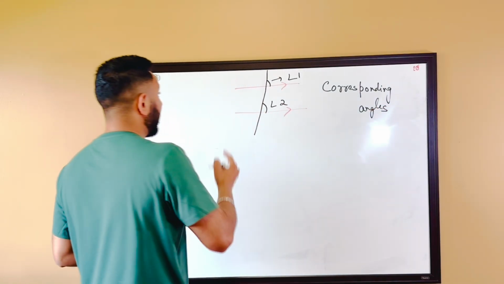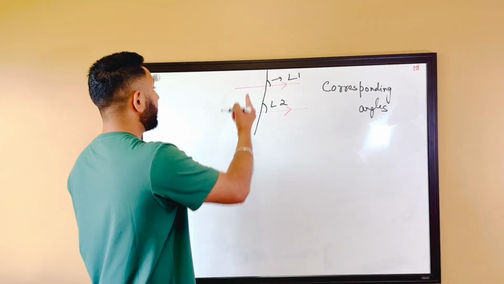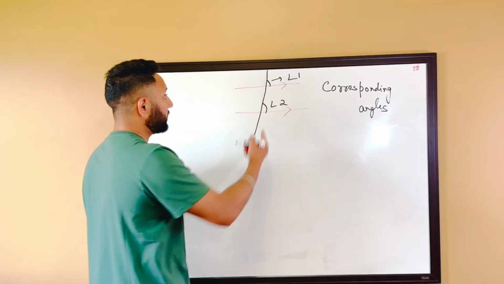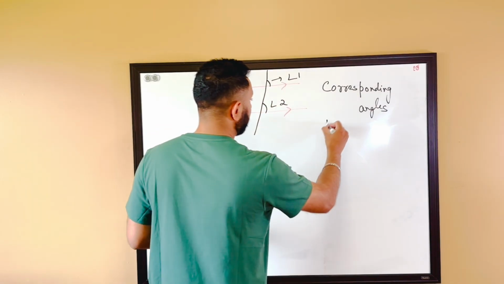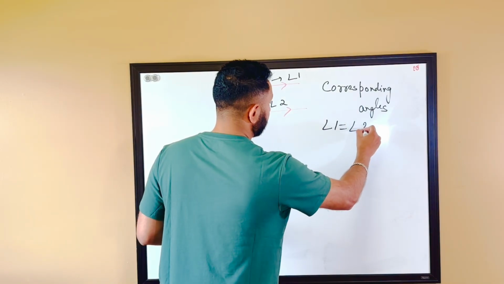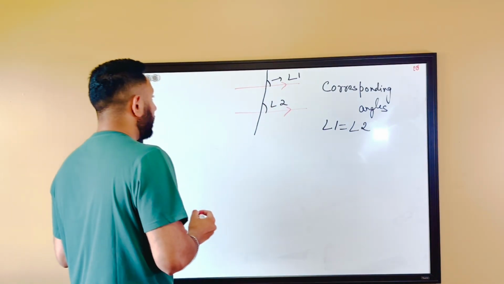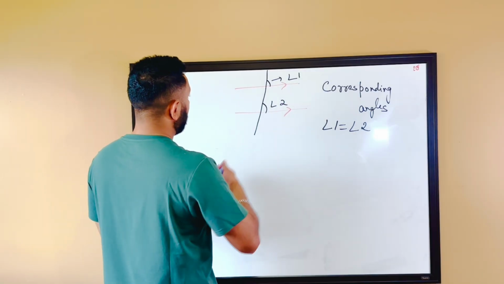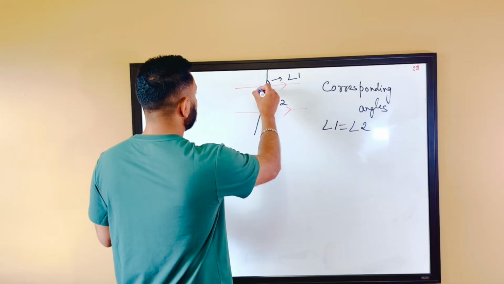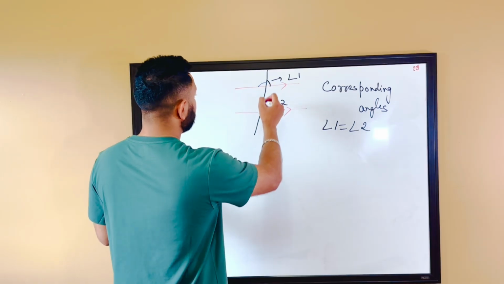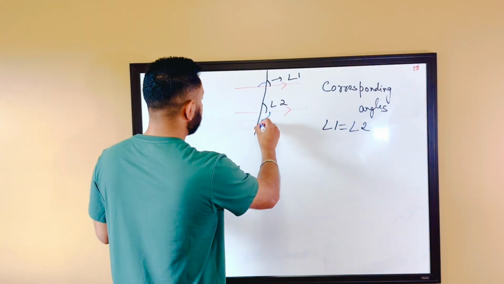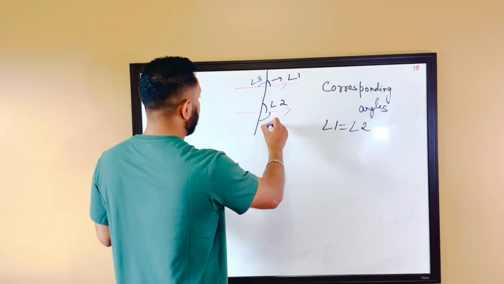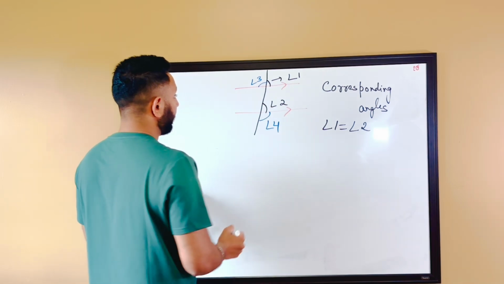So that means the angles formed by a transversal line with the parallel lines, like angle 1 and angle 2, are equal because they are corresponding angles. Also, like this angle and this angle, angle 3 and angle 4, they are also equal.